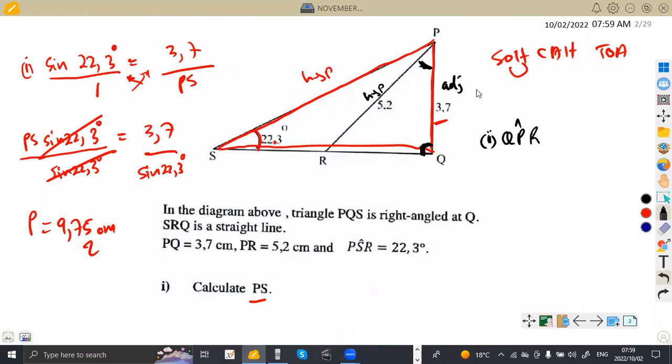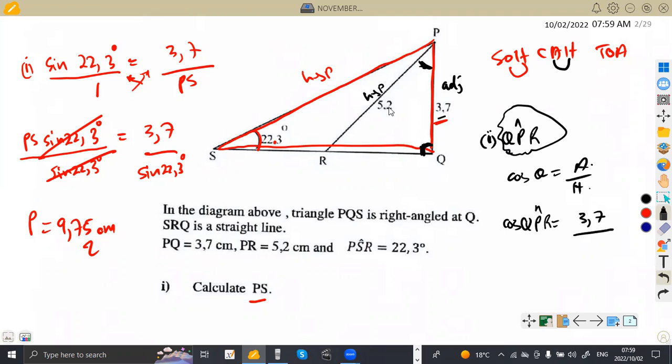According to cos, because it's the one that has adjacent over hypotenuse, we know that cos of theta is equal to adjacent over hypotenuse, which means cos QPR is equal to adjacent over hypotenuse. The adjacent is 3,7 over the hypotenuse, which is 5,2.